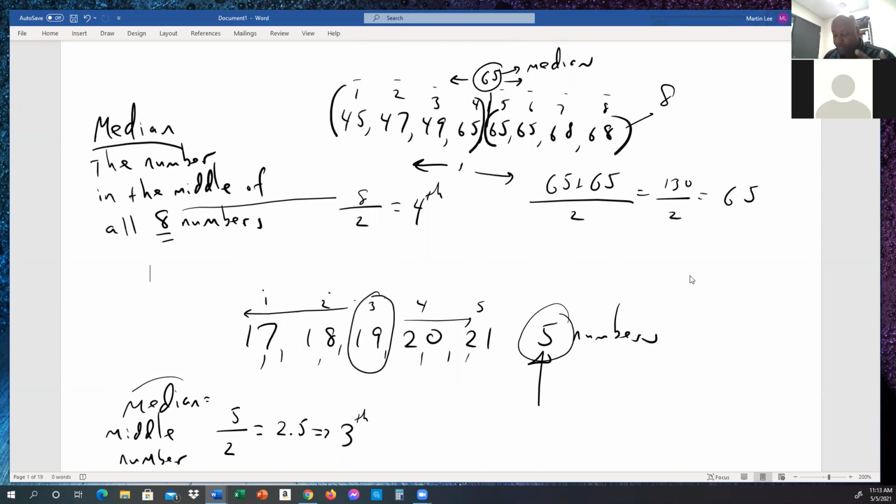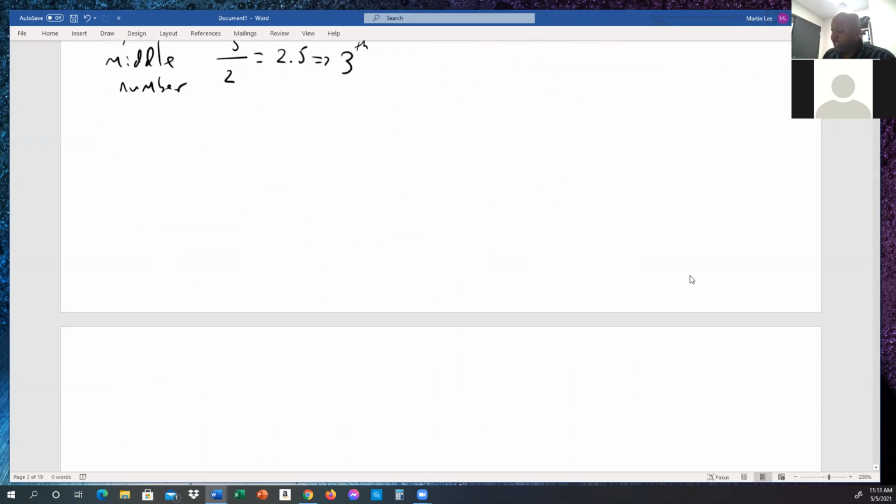We found the mean, we found the median. Now for the mode. Scroll down. The mode is the number that appears the most.